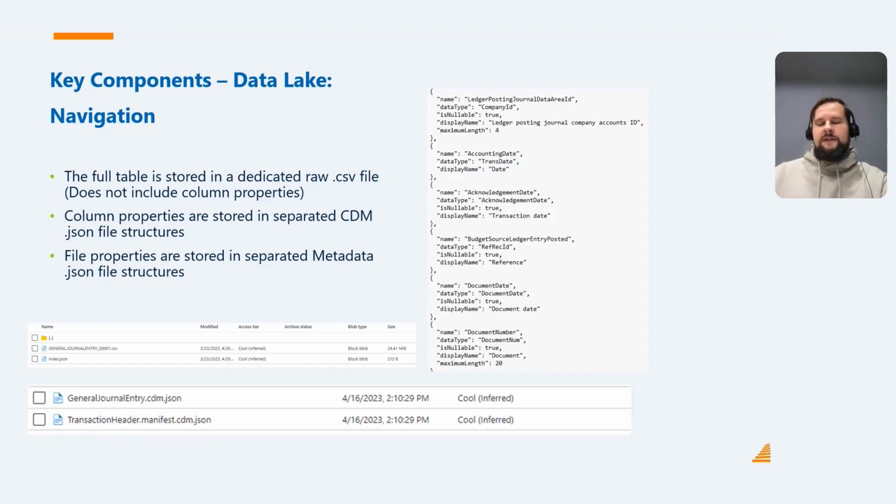Important to understand is that, first of all, data is in CSV, so it's comma separated. Second of all, it doesn't even have a header. It only starts with the actual data separated by commas, and everything is as is. So all of the rec ID fields are just like rec ID fields.